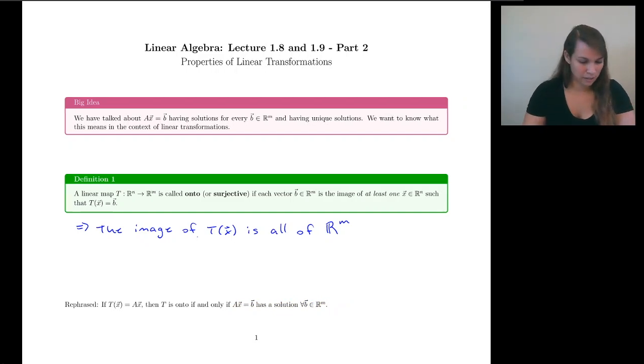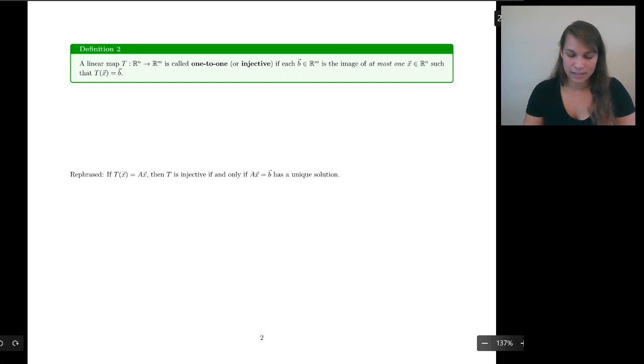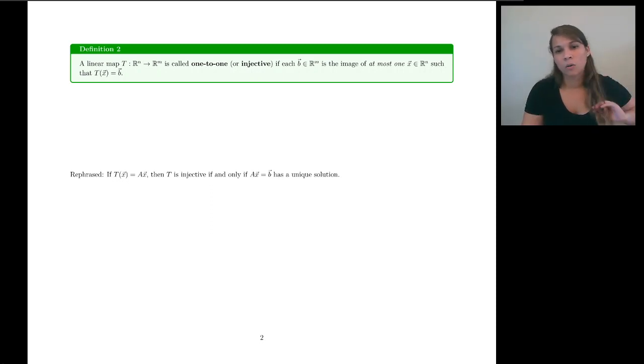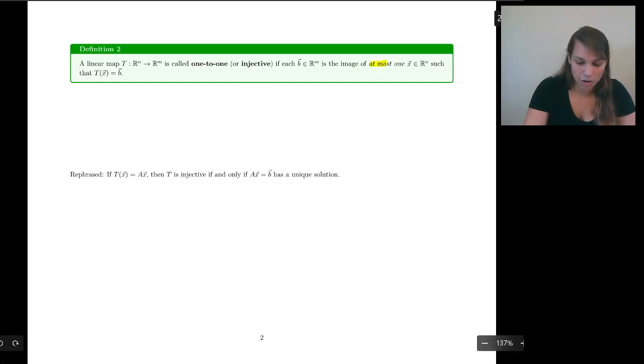Next definition that we're going to look at, we've got a linear map, still going from Rn to Rm, and we're going to call it one-to-one, or injective if you're fancy, if each b in Rm is the image of at most, this time we don't want any more than one x, such that T of x is equal to b.